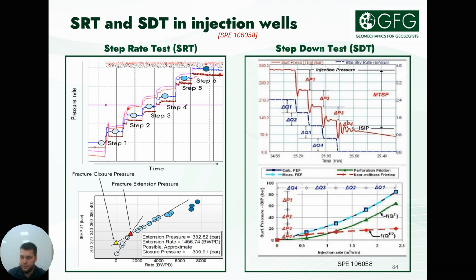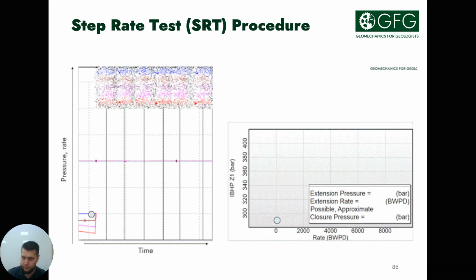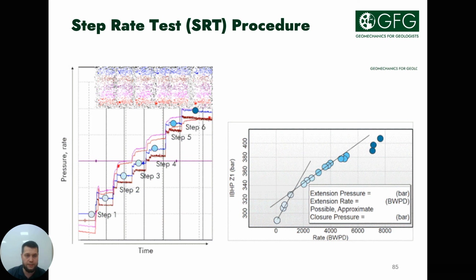On the other hand, the step-down test is implemented to measure pressure losses in the perforation and near wellbore region of fractured wells, primarily due to tortuosity. Consequently, the step-down test offers valuable insights that are crucial for the effective design and execution of the primary fracturing treatments. This is a typical procedure for the step rate test.